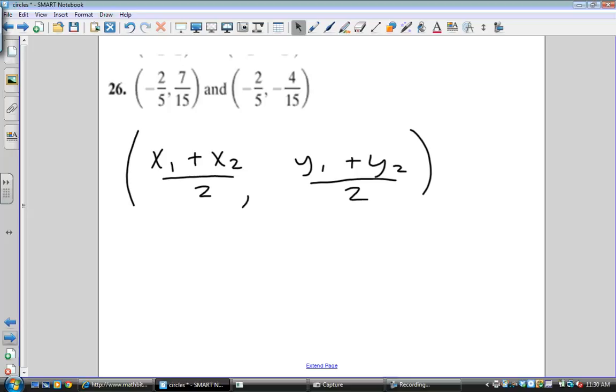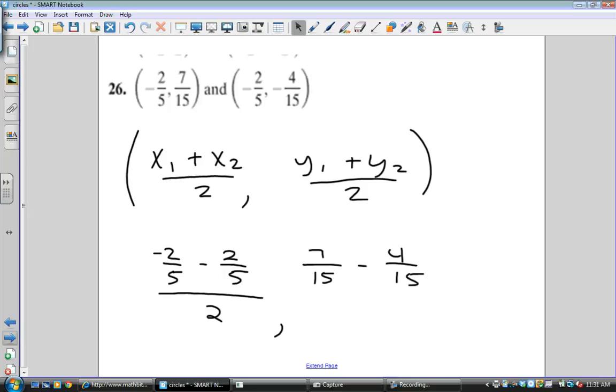So x1 plus x2, so that's going to give me negative 2/5, and then plus a negative 2/5, which would be just minus 2/5, all over 2. And then y1 plus y2, so I'm going to say 7/15 plus a negative 4/15, which would really just mean minus. Okay, all this over 2.